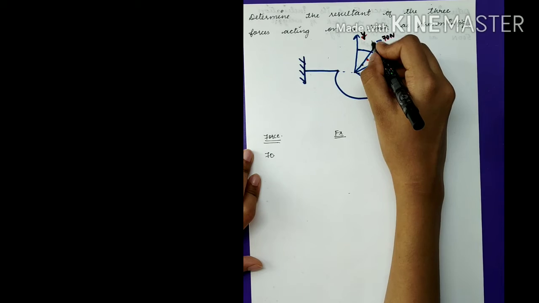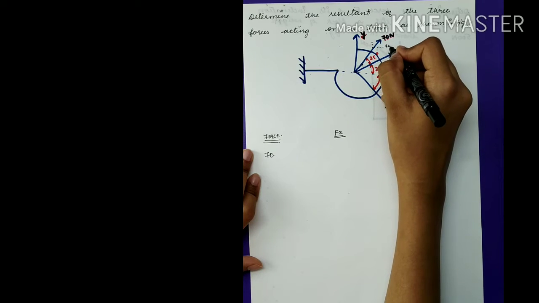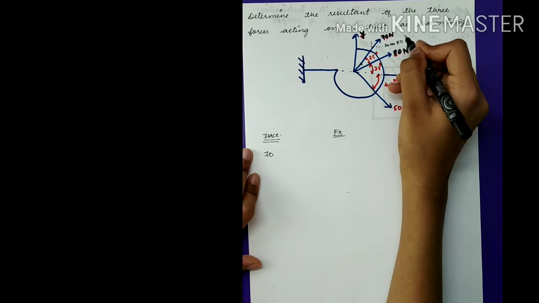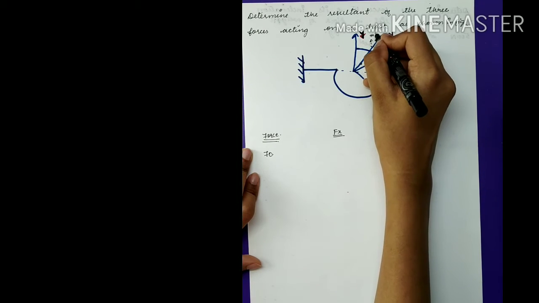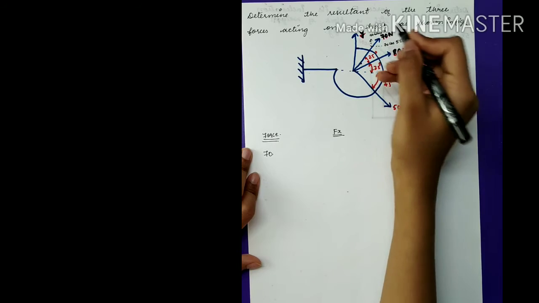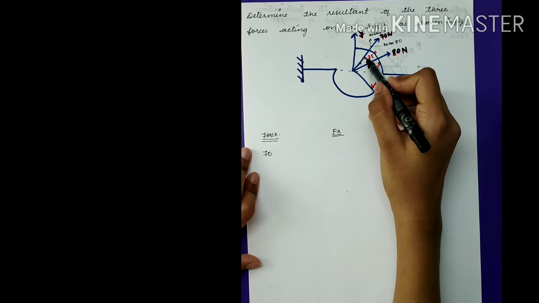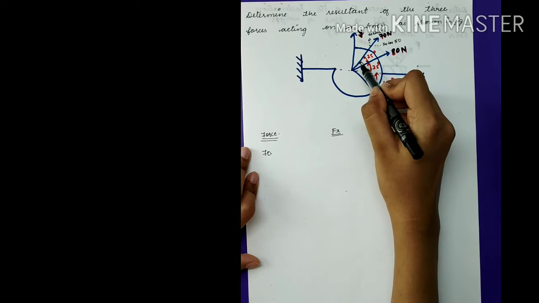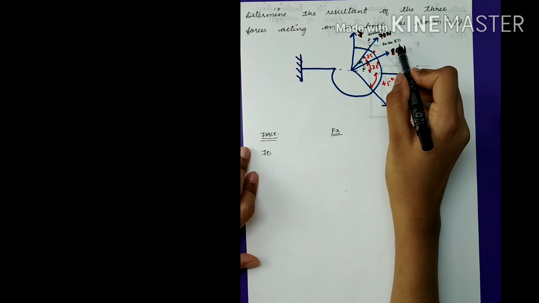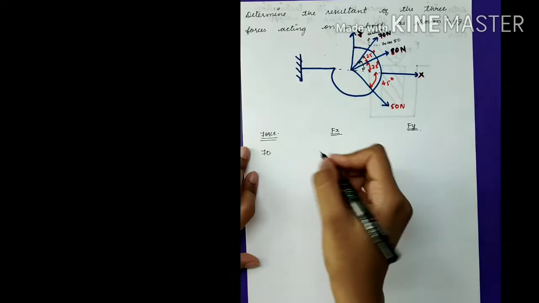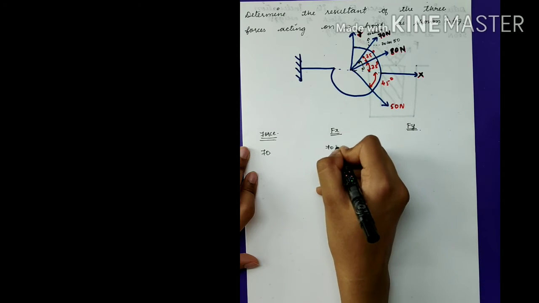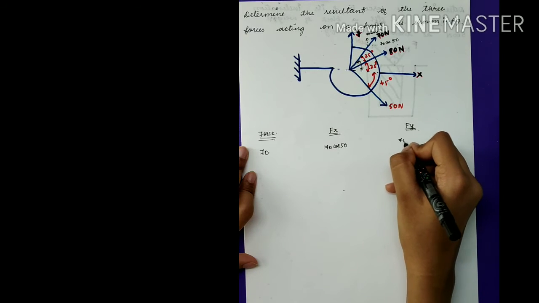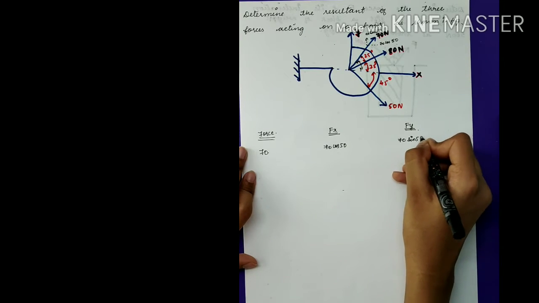To resolve these forces we will have 70 cos 25 plus 25, that is 50, whereas this is 70 sin 50. Because they have given only this angle, but we want the angle from the x-axis, this angle will be 50 degrees. So along the x direction this is 70 cos 50, and this will be 70 sin 50.